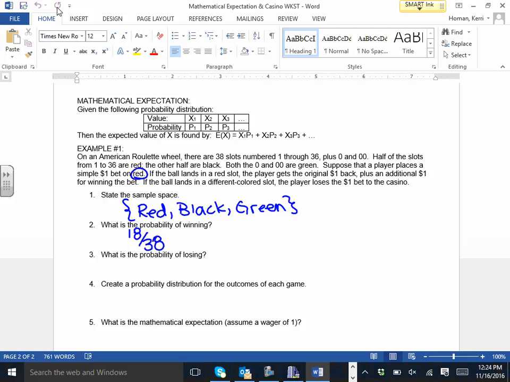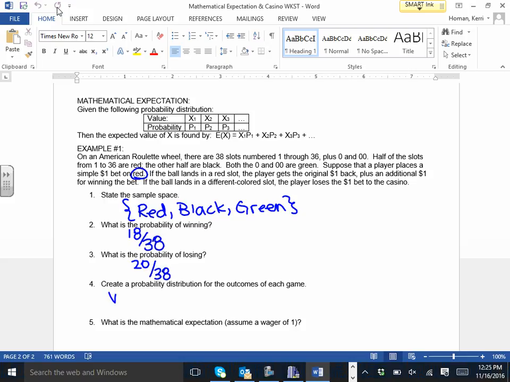Okay. What is the probability of losing? How many spaces are losers for us? 20. 20 out of 38. Okay. So then this table up here, this is what I call a probability distribution, and it'll really lay things out nicely for finding our mathematical expectation.